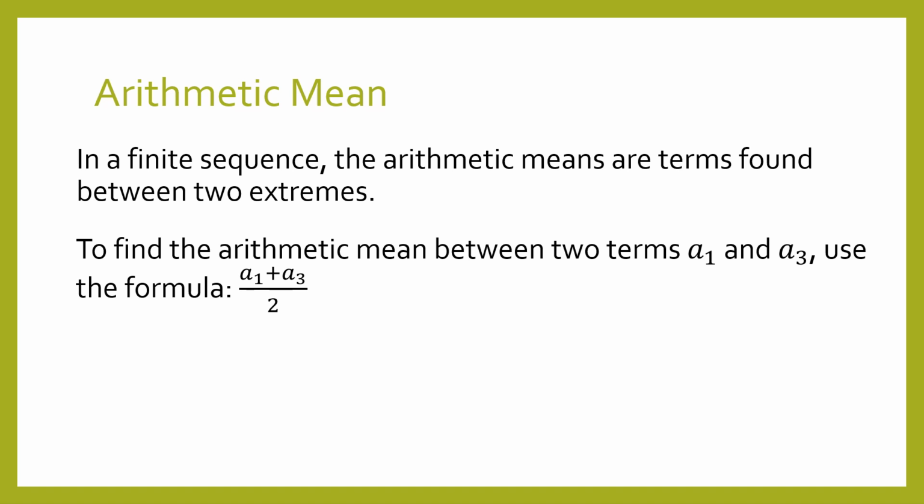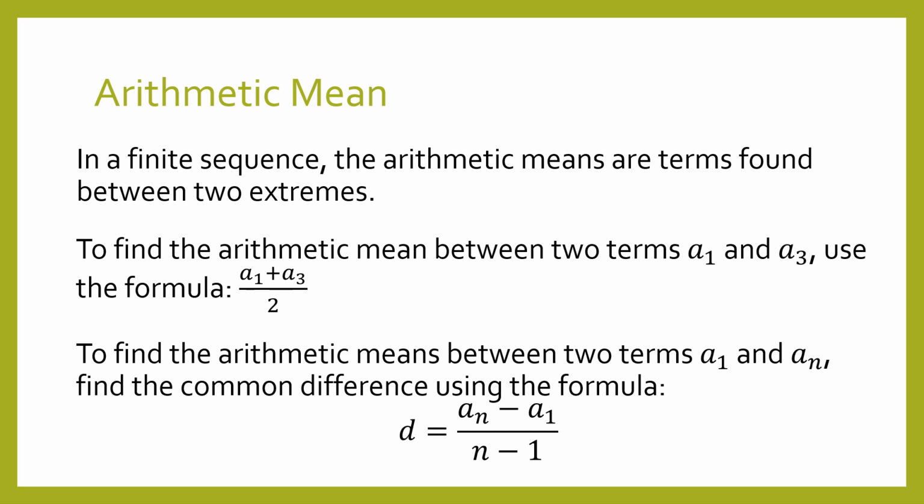If you have to insert three arithmetic means, four arithmetic means, or any number of arithmetic means, the first thing that you need to do is find the common difference by the use of this formula: common difference is equal to a sub n minus a sub 1 over n minus 1. So let us have some examples or some problems regarding the arithmetic mean.